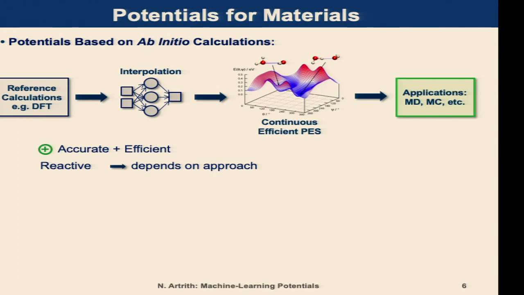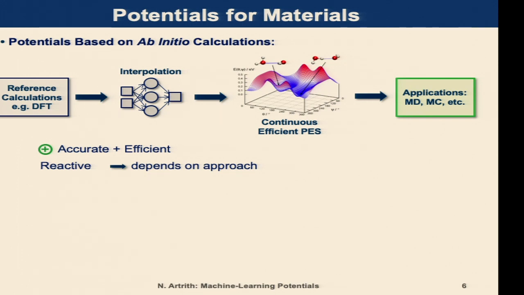For potentials for materials, many methods are based on ab initio calculations. What is the framework that we could have? For example, here we have a set of reference calculations, like DFT calculations, and then we extract information, like bond angles, energies and forces, or even charges.